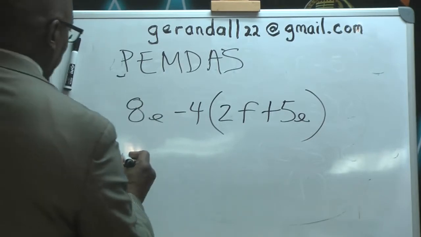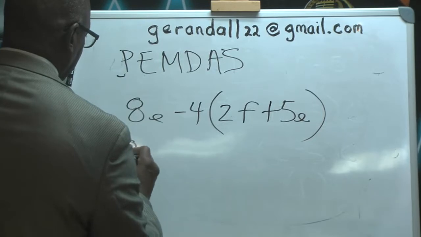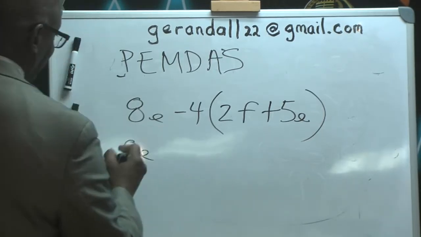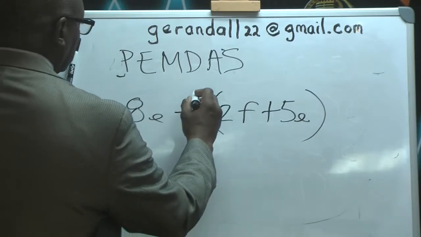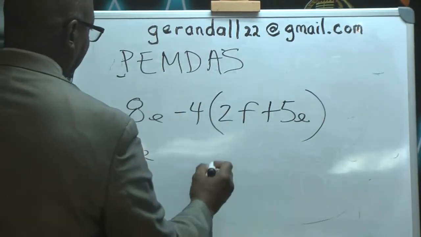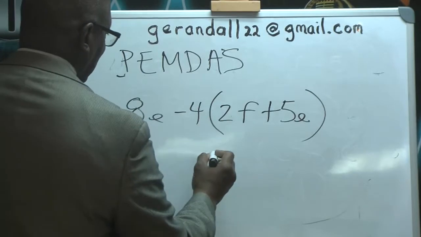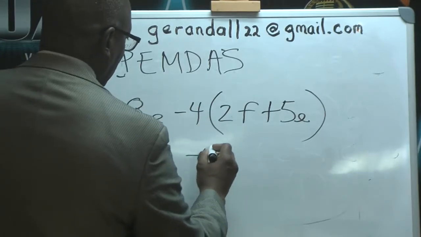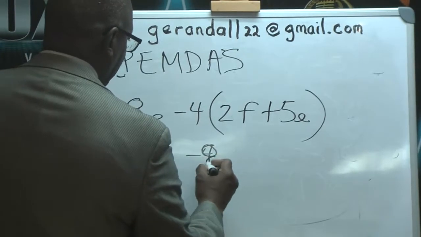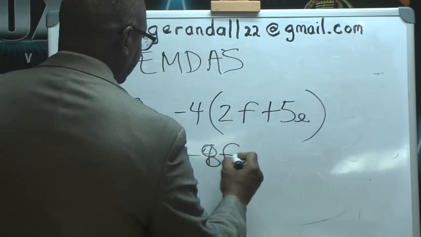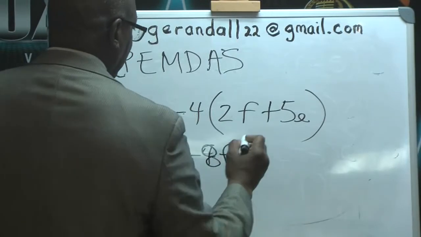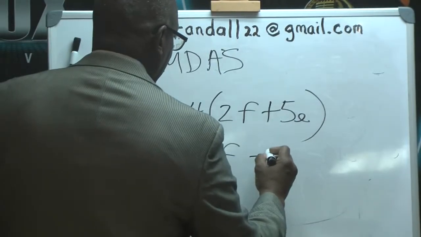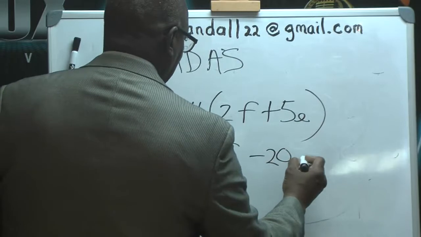We've got to repeat 8E, and that means 8 times E, minus 4 times 2F. And again, 4 times 2 is 8, minus 8F. And minus 4 times 5 is a minus 20E.